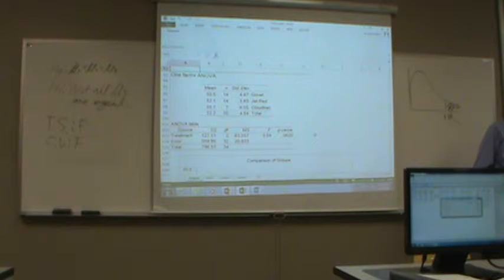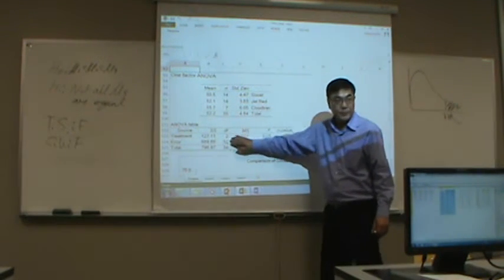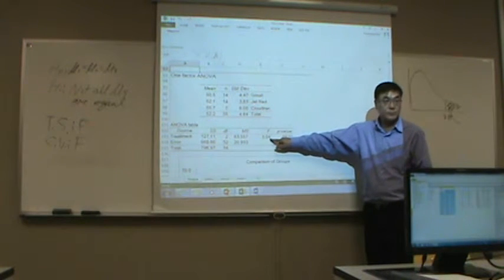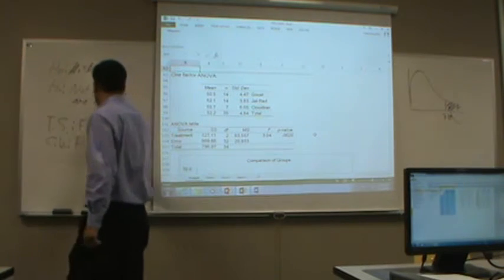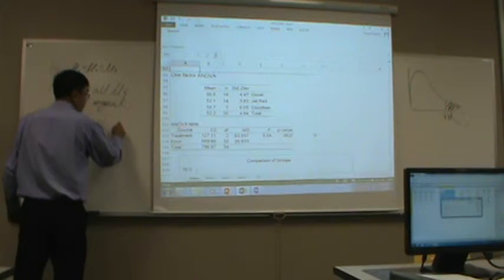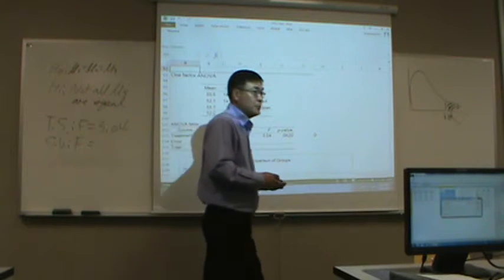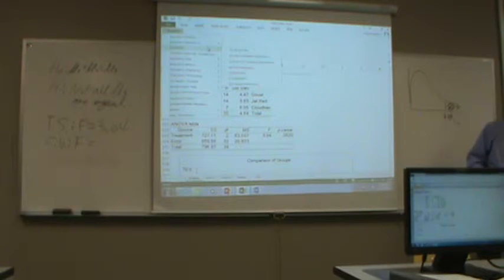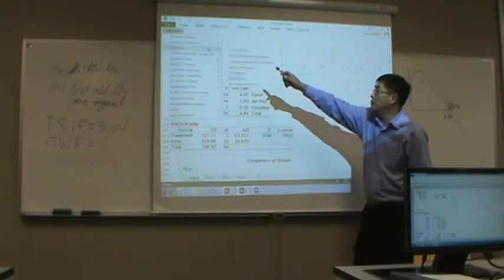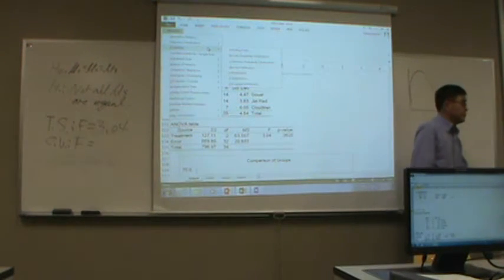Okay, here is the ANOVA table, so the F statistic is 3.04. Now we need the critical value, so click MegaStat again, then Probability, and F distribution.